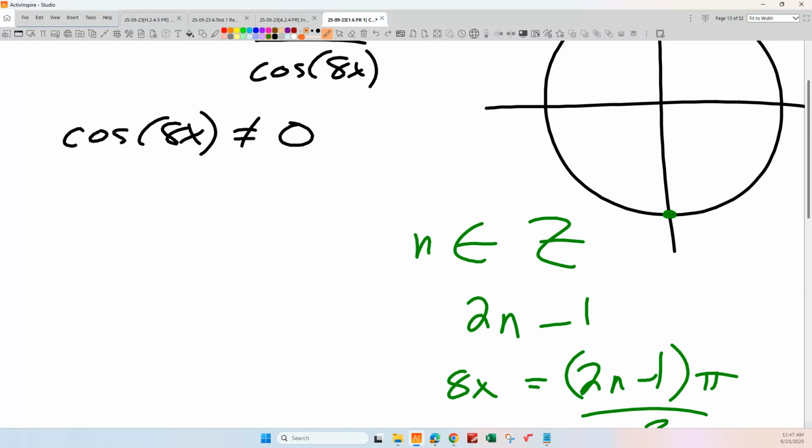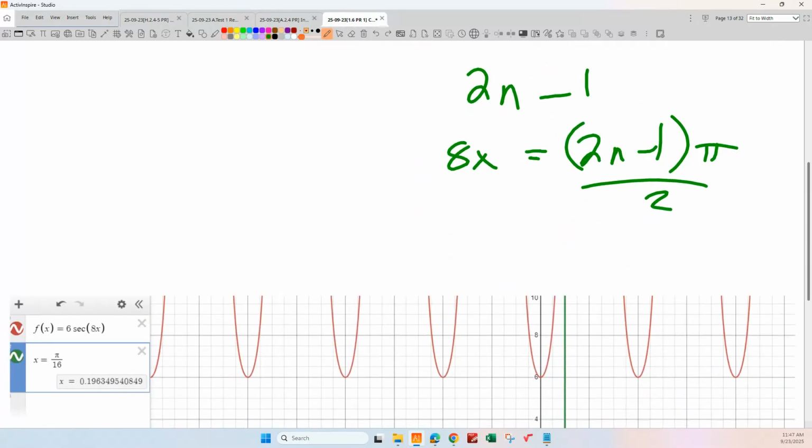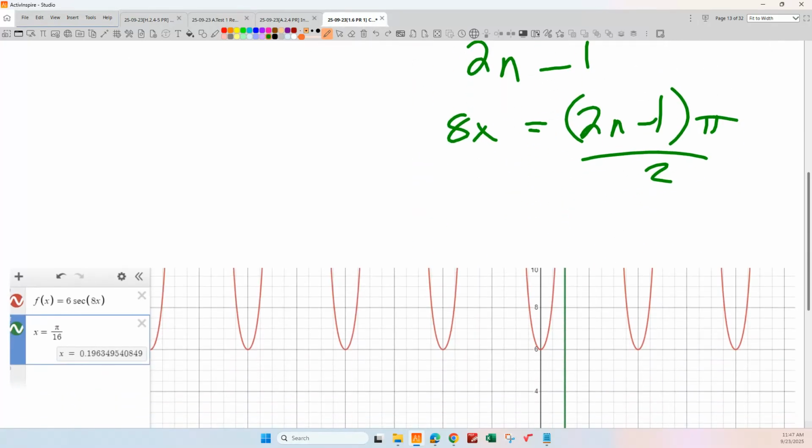The cosine is being fed functions of 8x, but we're inputting values of x. So which values of x are going to make the angle 8x an odd multiple of pi halves? Figure it out, solve for x. The math gods just gave us the answer, but it's a little bit coded. It's when that equals that, so solve it.